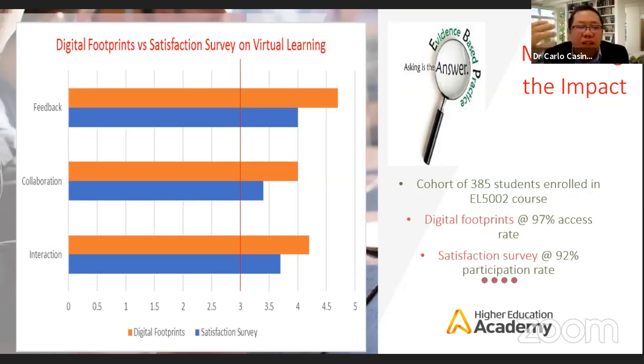So your response really was just an understatement of your actual experience. It is more than just okay. It's in fact extraordinary. This is what happened to our students. They thought that their experience with their virtual class is just all right, but their digital footprints say otherwise. It's actually higher than what they perceived.